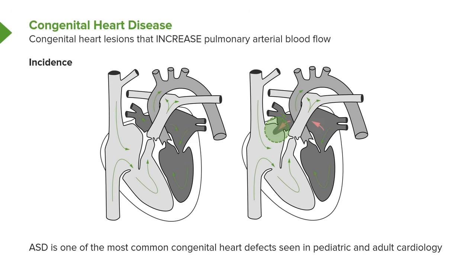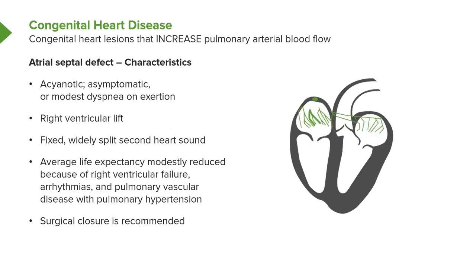Interestingly enough, VSD can spontaneously close during childhood because of some hypertrophy of the septum. So often pediatricians will follow smaller VSDs. They don't have to be closed. Larger VSDs, of course, create a large pulmonary blood flow and do require closure.